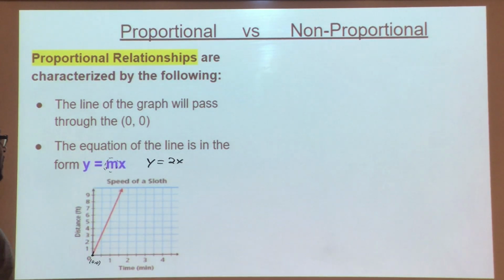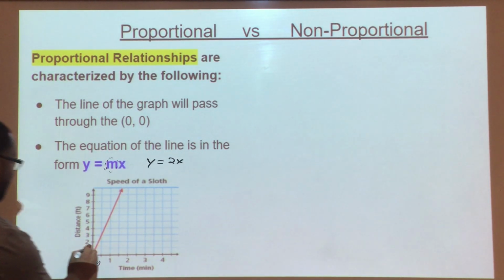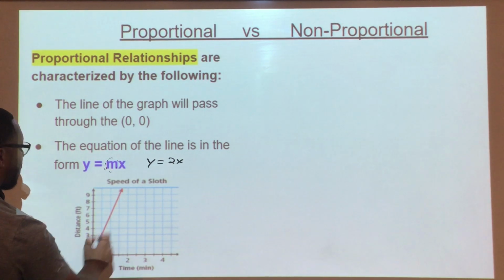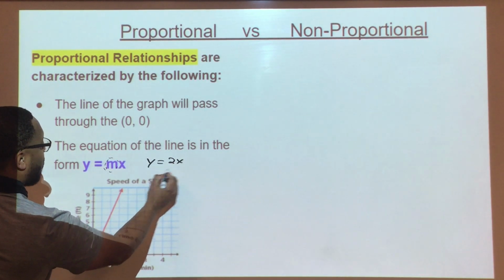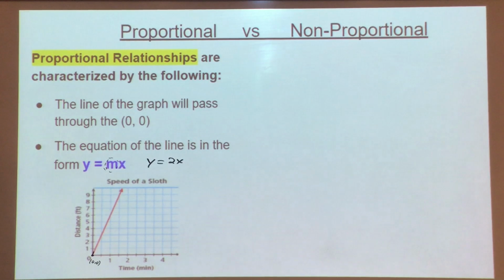And the cool thing about this is you learned how to figure out m in our previous lesson, because m is simply the rate of change, which we already know how to find. So that's the cool thing about proportional relationships. The critical thing you need to know is that it goes through (0, 0), and the equation will look like this, where m represents your rate of change.